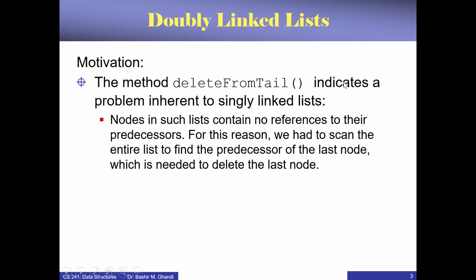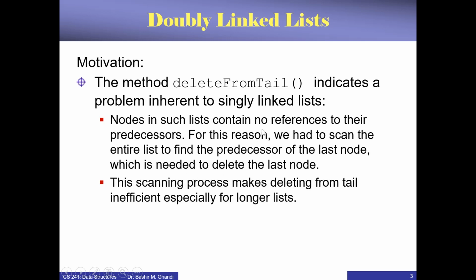Unfortunately, we didn't have that in singly linked list, and therefore, as we said here, nodes in such a list contain no references to their predecessors, and for that reason we had to scan the entire list to find the predecessor to the last node, which we need to delete the last node.